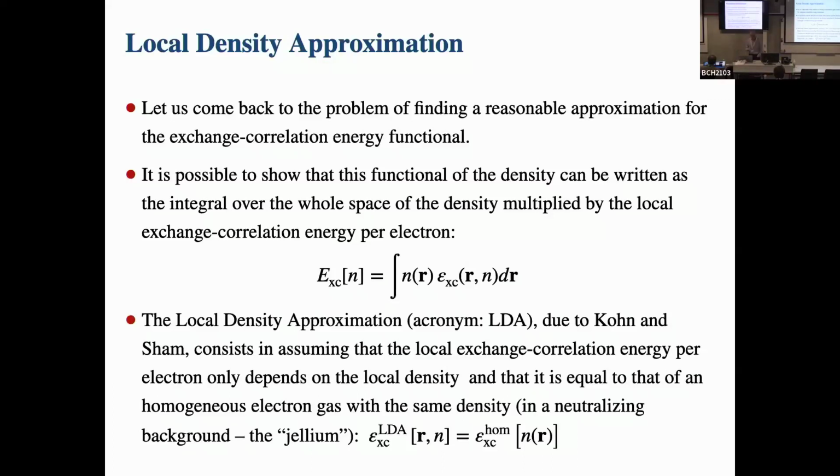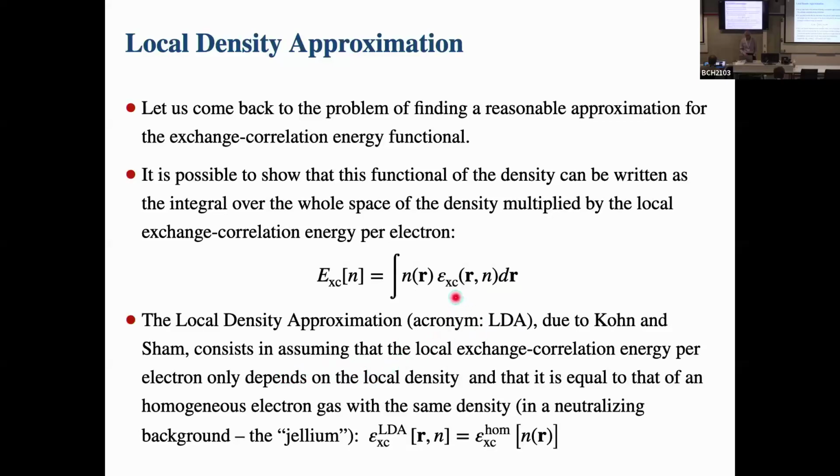First of all, we write formally this exchange correlation functional of the density as an integral over the density times a density of exchange correlation energy. And Kohn and Sham came with the idea that we can make a reasonable approximation for this exchange correlation density.